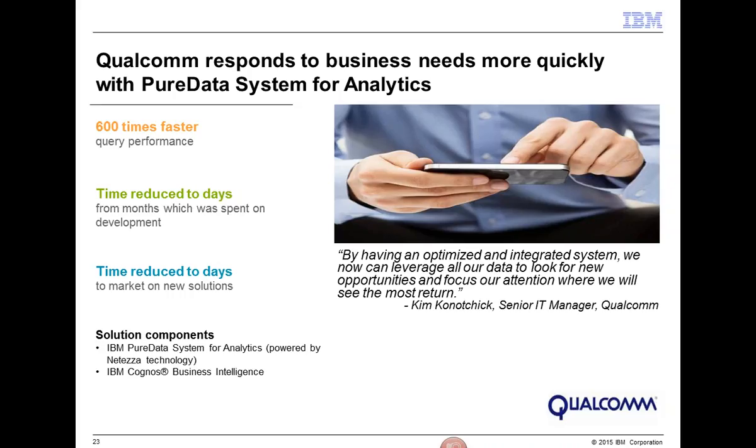But they had performance issues with their large data warehouses, and they had data warehouses spread across the enterprise, and they weren't able to respond to the business needs and produce the results that they wanted, because it was taking time to do the analysis. The warehouses were very slow, and so what they decided to do is they consolidated all of those data warehouses down onto the PDA environment.